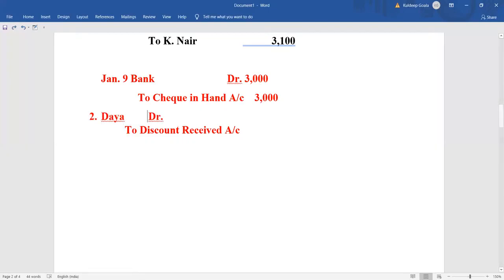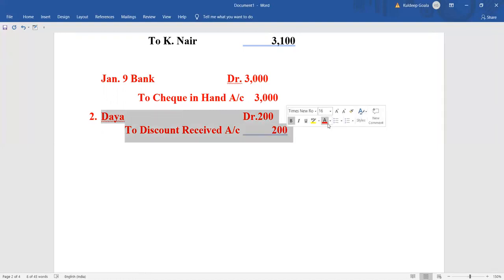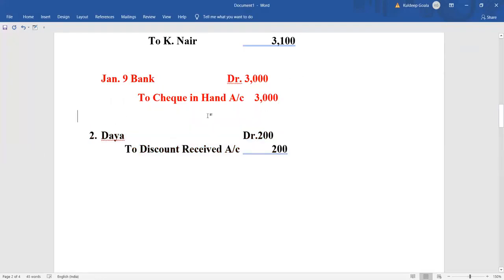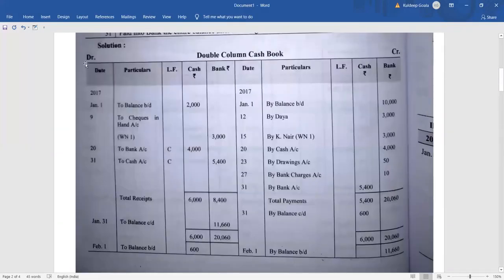You can just mention that since the discount column is not there, we are not showing the discount entry here. That is also enough. But for your understanding, I am making it in a very detailed manner, so that you can understand each and every concept very nicely. So Daya debit to discount received account. So this is note number 2.